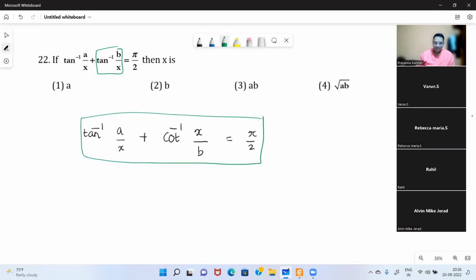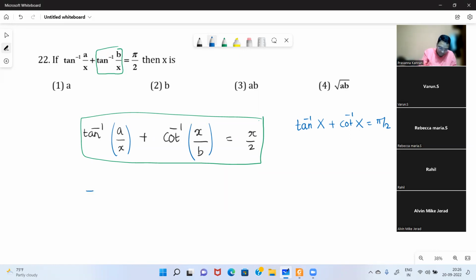Now you know some identity. What do you know? You know that tan inverse of x plus cot inverse of x is equal to pi by 2, correct? So here you are getting tan inverse of some function plus cot inverse of some other function is equal to pi by 2. Then what is the meaning? Those two functions inside the brackets must be equal.